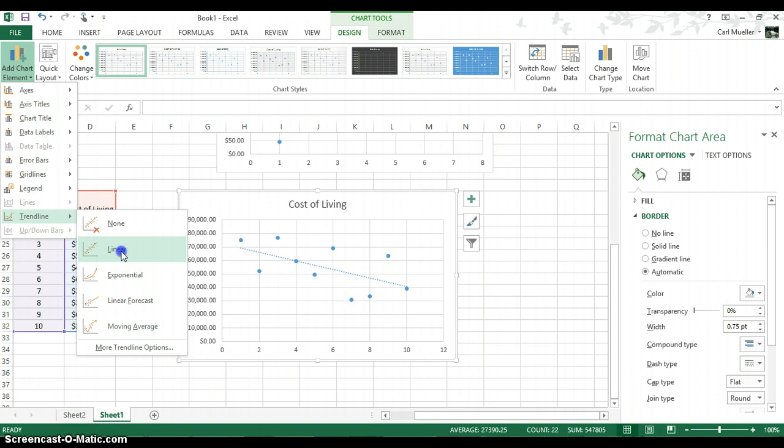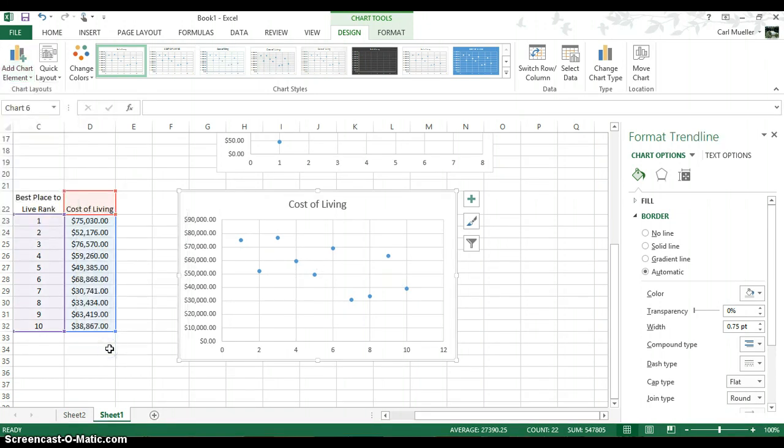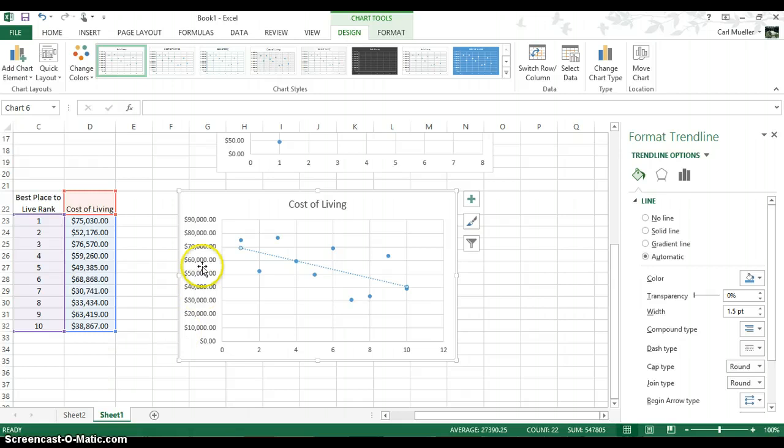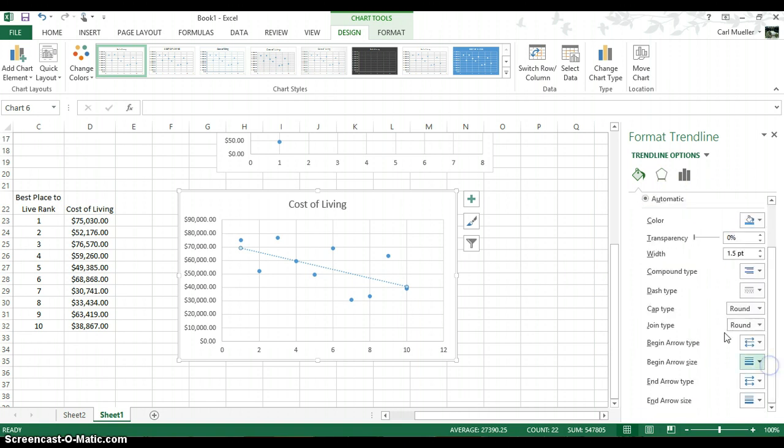And actually, what we'll do here is add more trend line options. As it creates it, we can click on it. See, there's our trend option. It gives you enough to visually make it pop out a little bit.